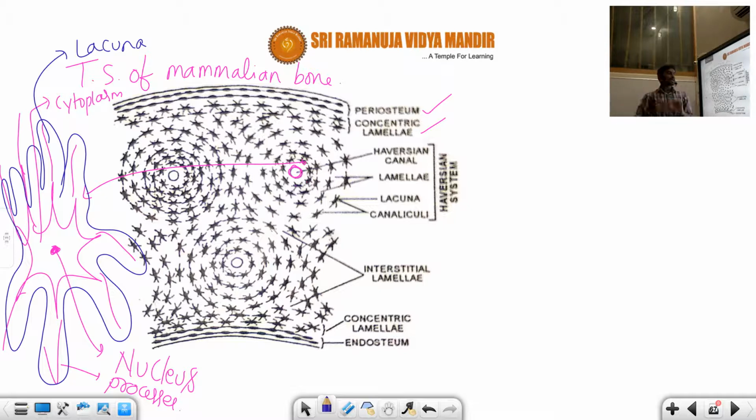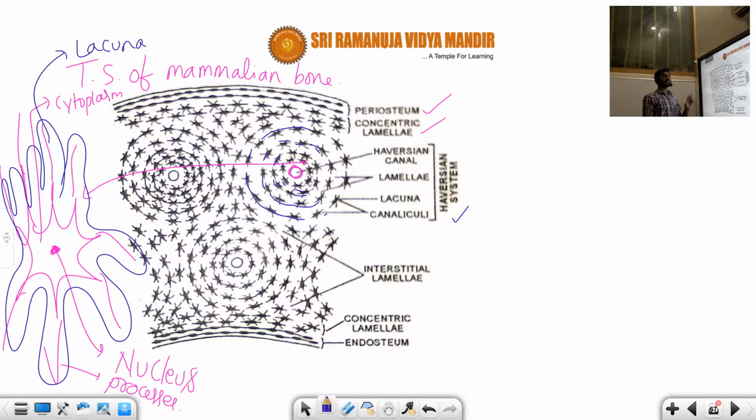Here one cytoplasmic process makes an association with the cytoplasmic process of another osteocyte, another bone cell. So that connection makes a circular pattern. Now you can see this circular pattern formation occurs. This whole thing represents what is called the Haversian canal system.